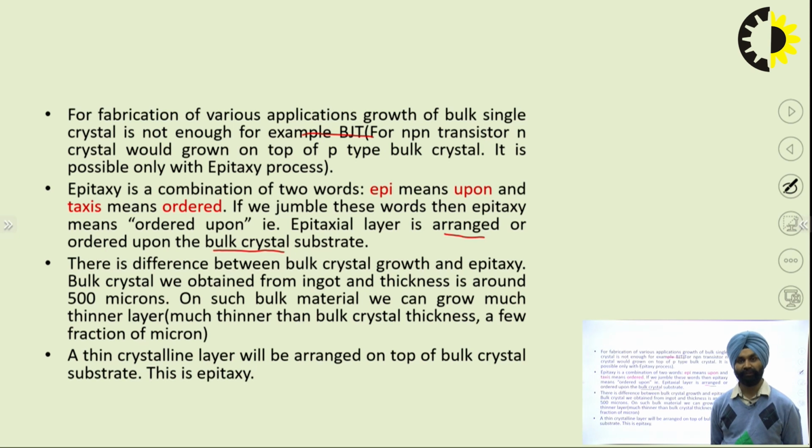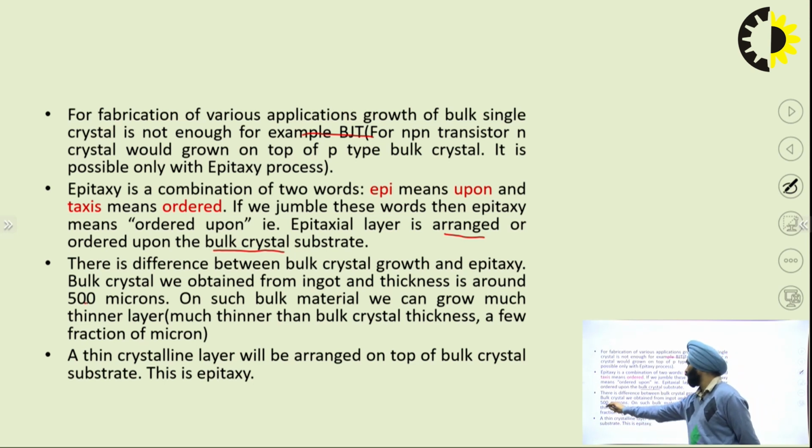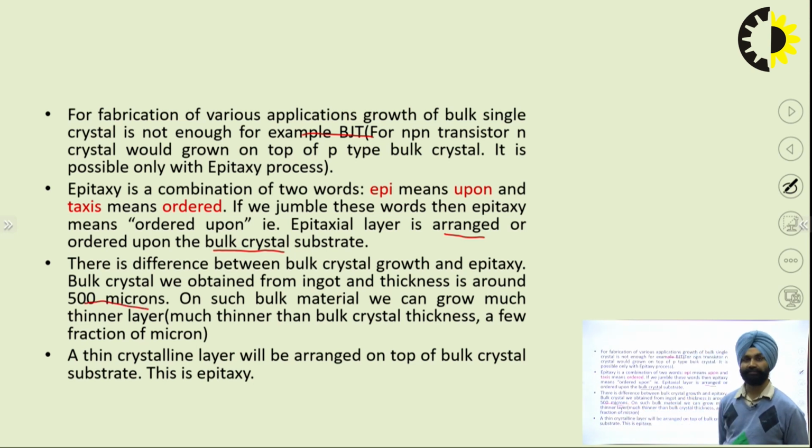The main difference between the two layers, the epitaxial layer and the bulk layer, is that the bulk layer's thickness is very high, approximately 500 microns as given here, whereas the epitaxial layer is 100 times thinner than the wafer.